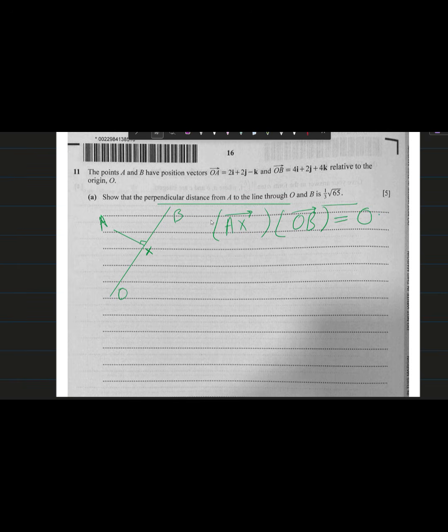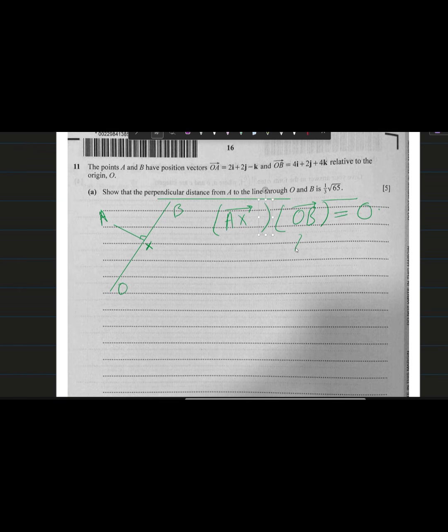So we can just let this point be X, and since they're perpendicular, the scalar product of the direction of AX and the direction of OB will be equal to 0. So if we find the direction vector of OB, it is 4 2 4, and AX would be equal to OX minus OA.